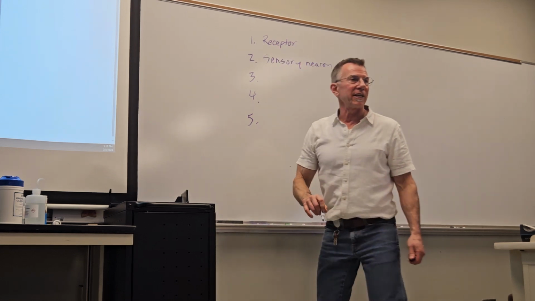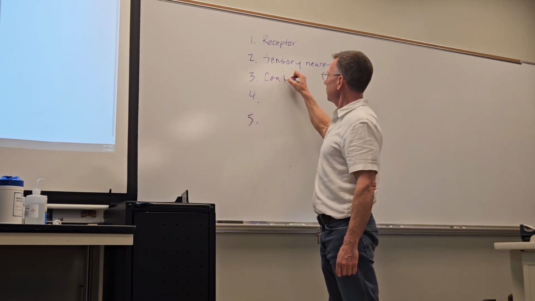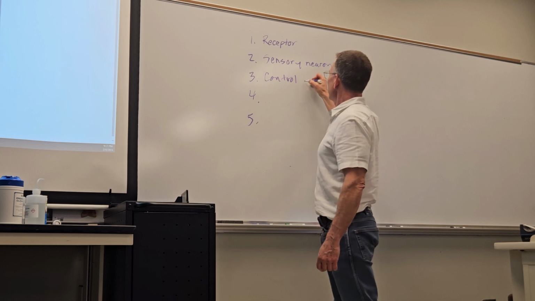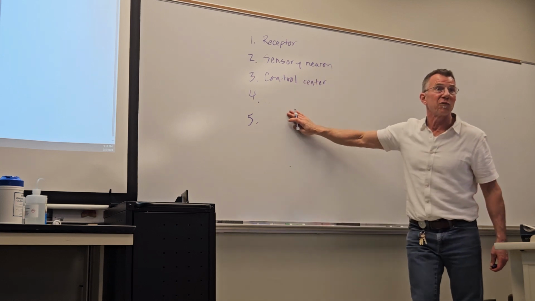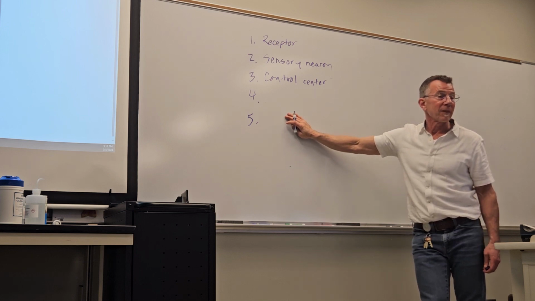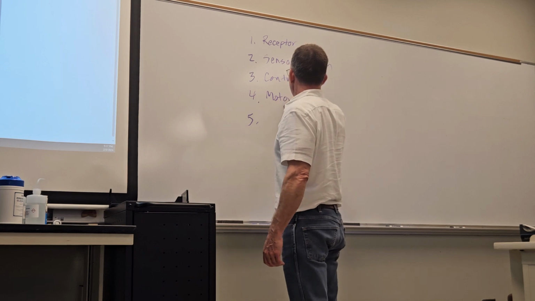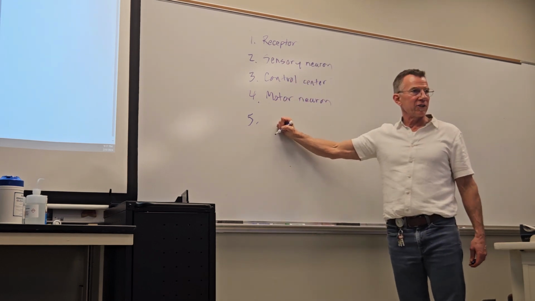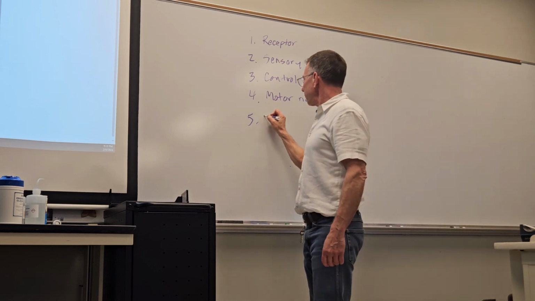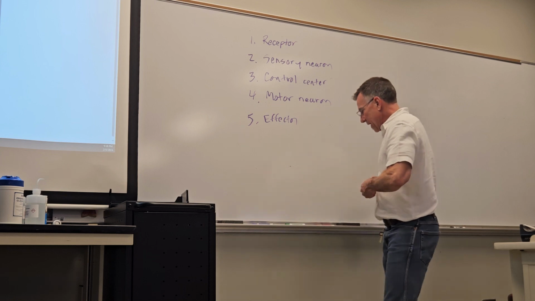And then it goes to the control center for processing, integration in the control center. And it comes to a conclusion about how to respond. It sends out a really, really fast motor command on a motor neuron, whose target is going to be the effector. So we have a response by a peripheral effector.